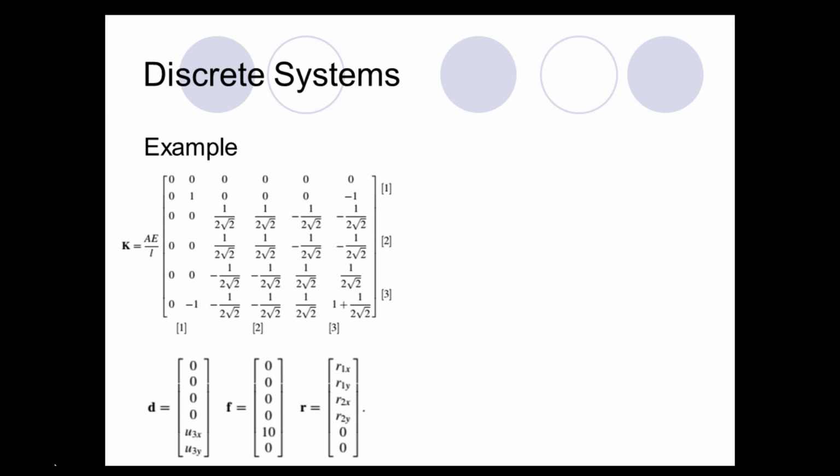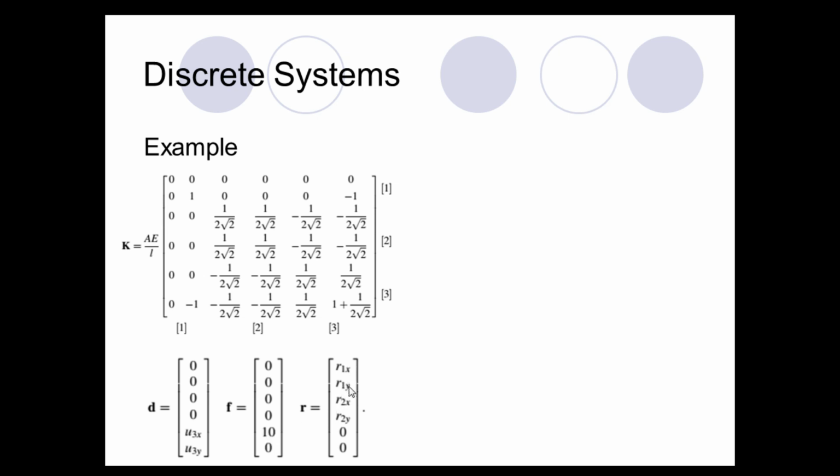And certainly we have the global displacement vector. We know that the displacement values at node 1 and node 2 are 0. So these are the values. And of course we have only force in node 3 and it's only in x direction.